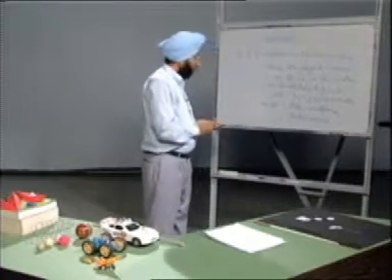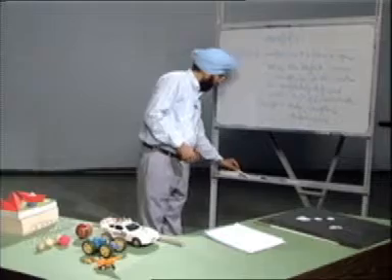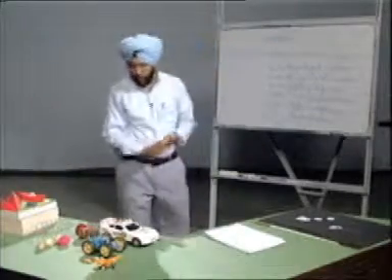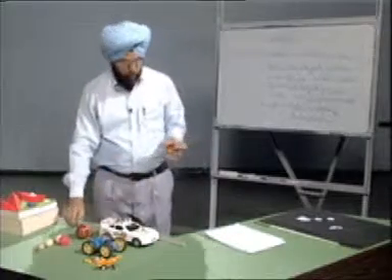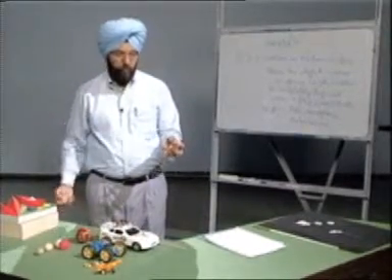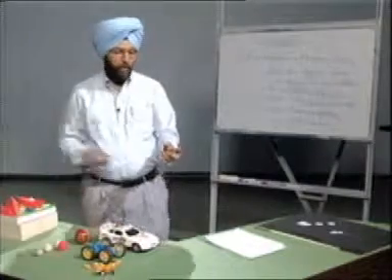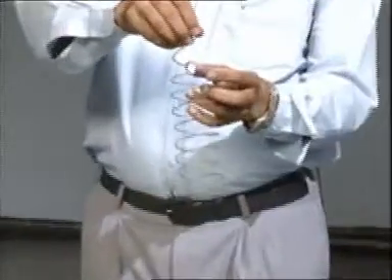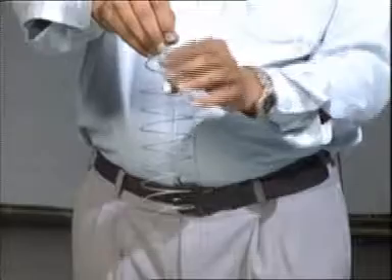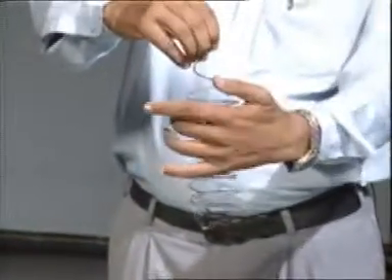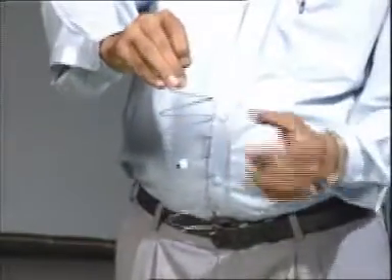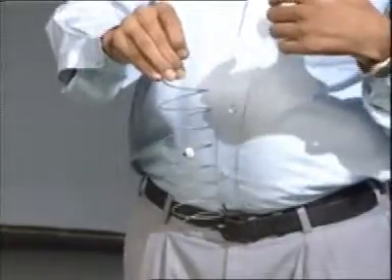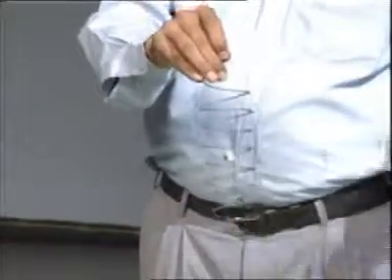We can show this 3D motion by using models. Here we have a spring. As this bead moves along this helical spring, it is moving in 3D. Its motion is up and down, forward or backward, left and right.